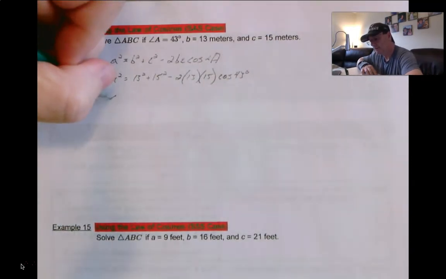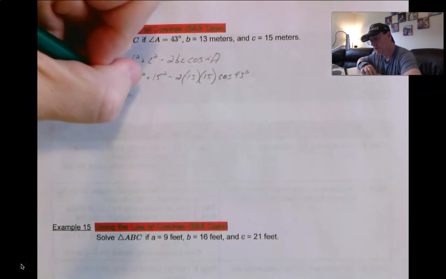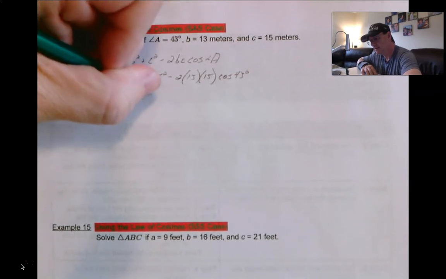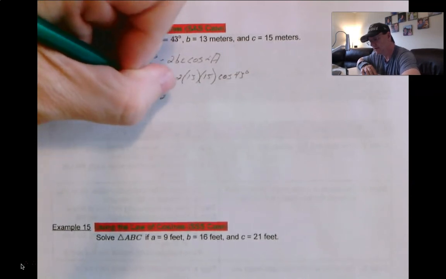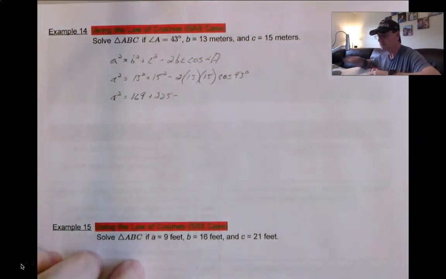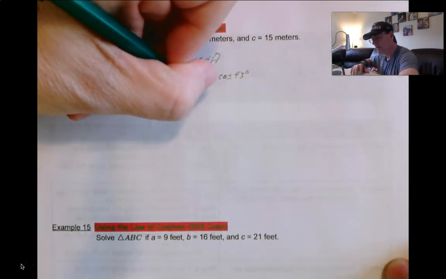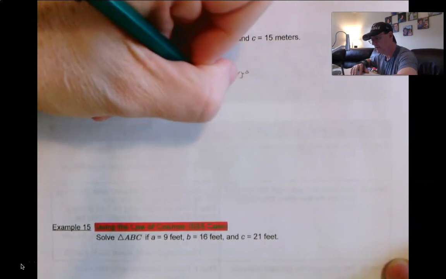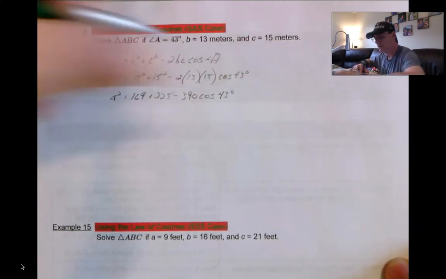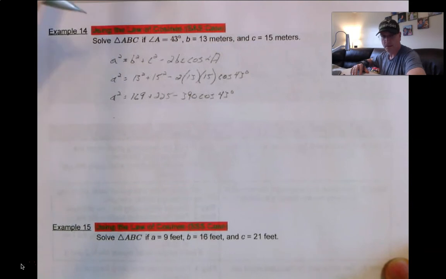A squared equals 169 plus 225 minus 390 cosine 43 degrees.